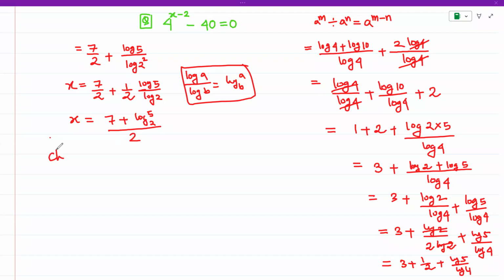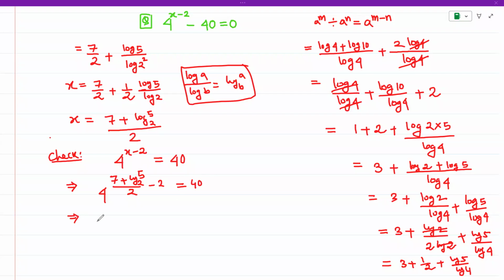Now to check this, we substitute the value of x into our given equation, which is 4 power x minus 2 equal 40. That means 4 power x is 7 plus log base 2 of 5 over 2, minus 2, equal 40.